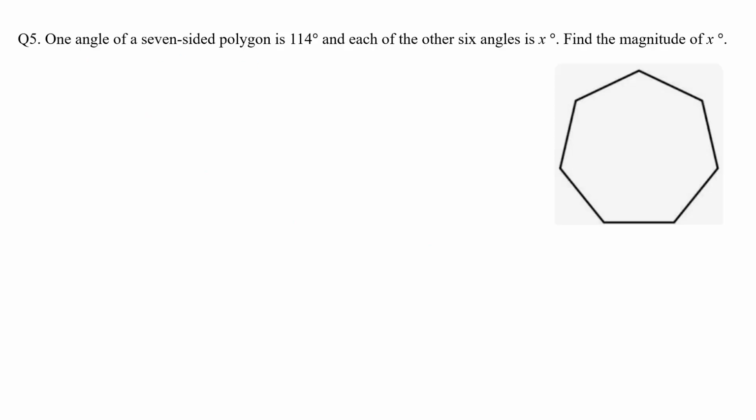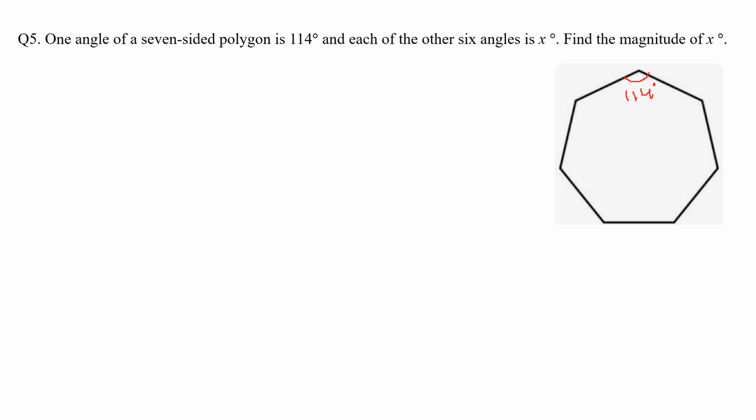Now moving to the next question. Here, one angle of a seven-sided polygon is 114 degrees and each of the other six angles is x degrees. Find the magnitude of x degrees. This is a seven-sided polygon, known as a heptagon, or in some books it is written as a septagon. Only one angle measure is given and that angle is 114 degrees.